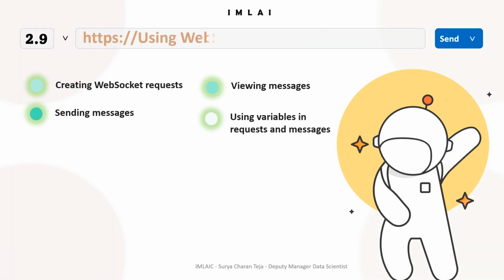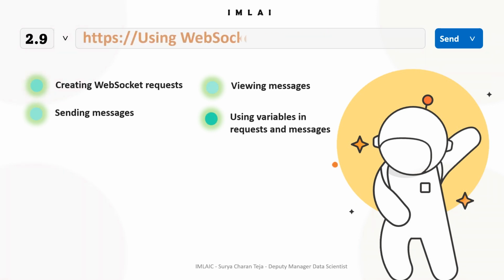In the HTTP protocol, the client will send a request, the server will send a response, and the connection will be closed. For every new request, a new connection will be established.